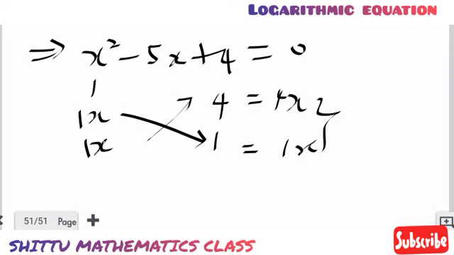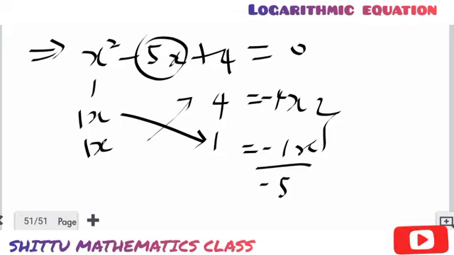Now look at what we can do to the 4x and 1x that will give us the middle term, which is minus 5x. You can see that if we put minus here and minus here, everything is going to be minus 5x. Do you understand now?